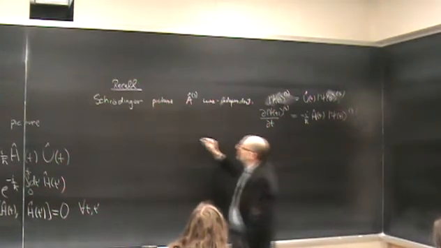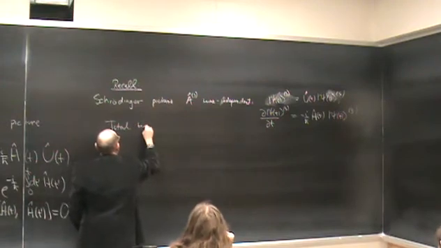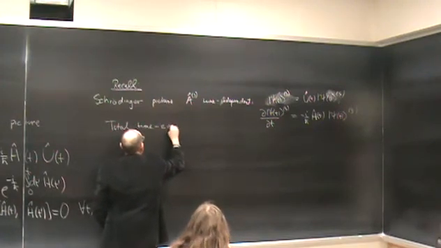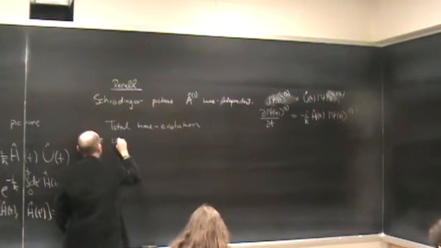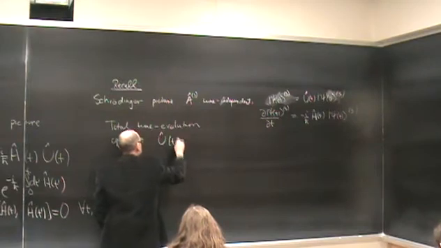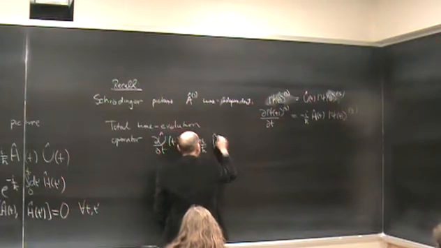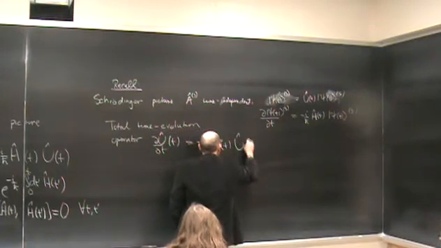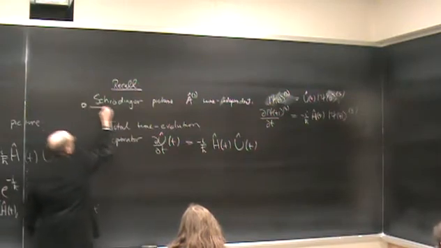And we have the total time evolution operator, which satisfies this differential equation, where this is the total Hamiltonian. Okay, so that's the Schrödinger picture.